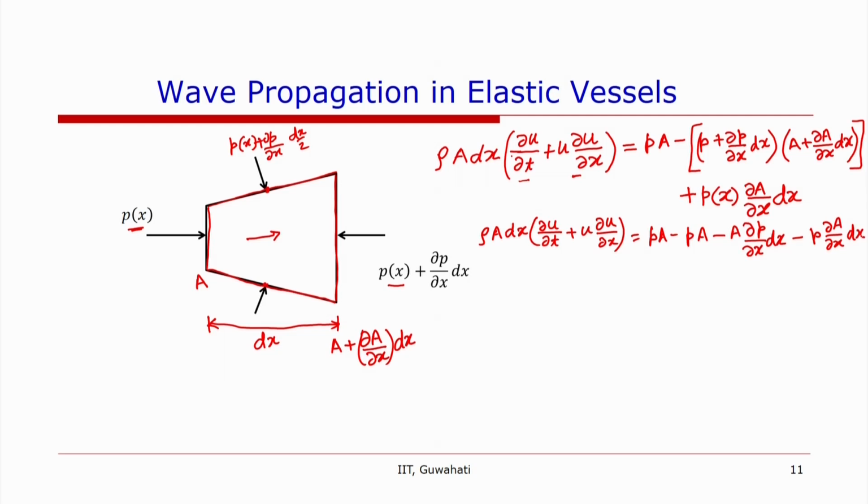The multiplication of these two terms is going to be a second order term, which we are going to neglect anyway. So plus Px del A by del x dx.